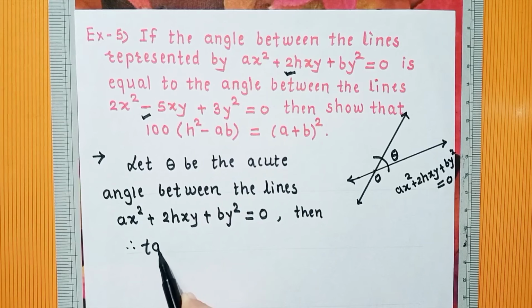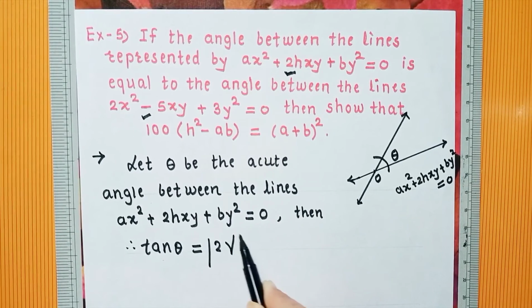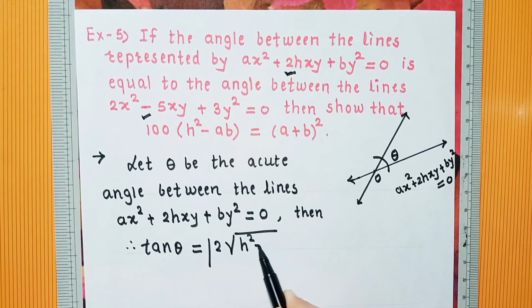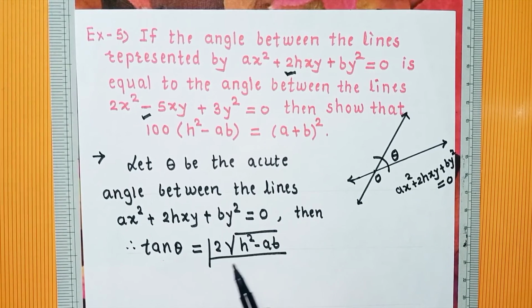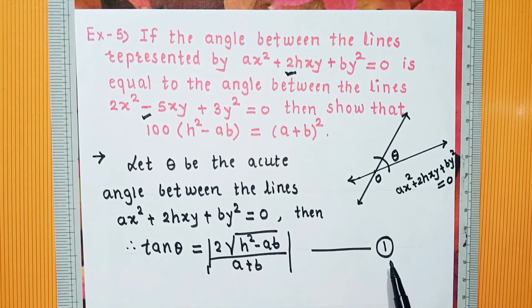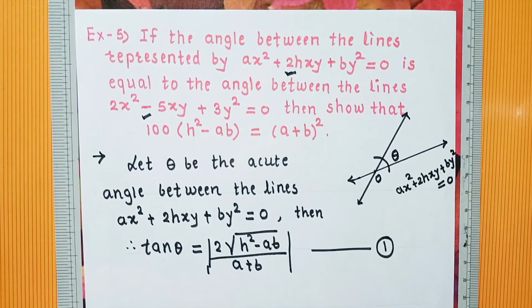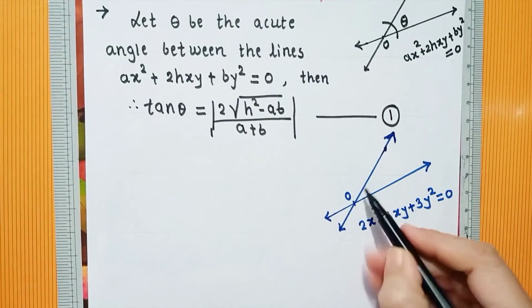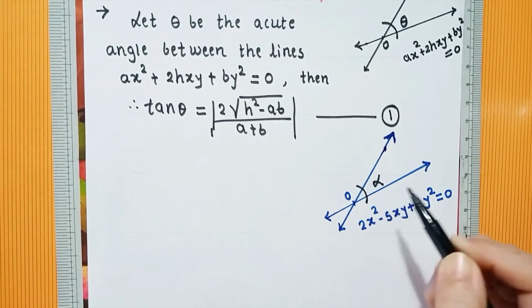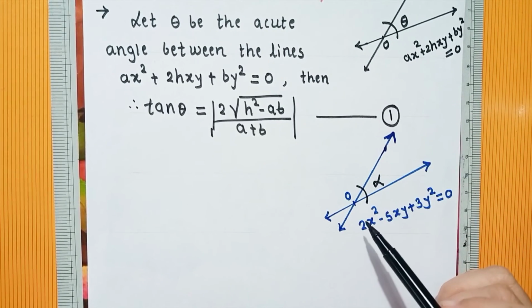Therefore, tan of theta equal to mod of 2 under root h square minus ab upon a plus b. We know this. Say this is equation number 1, and by the same way, let these lines be, and let alpha be the acute angle between them, and we have given that theta equal to alpha.